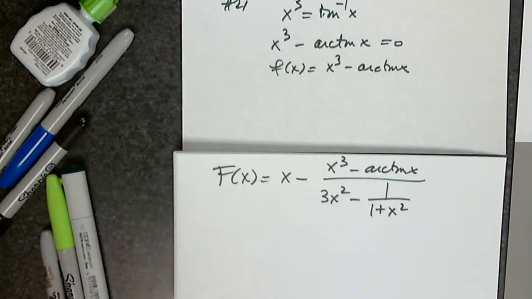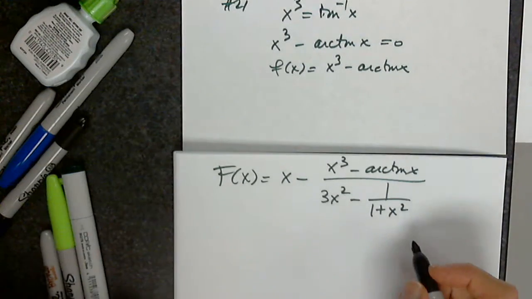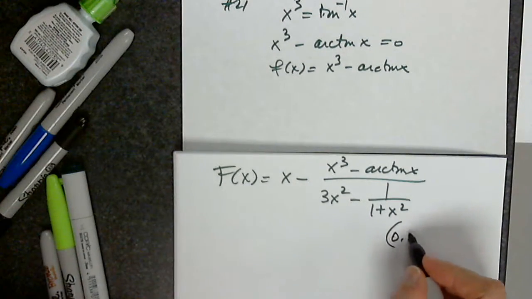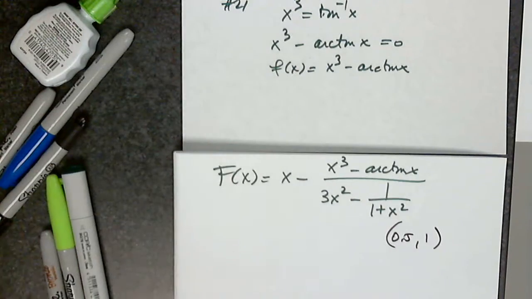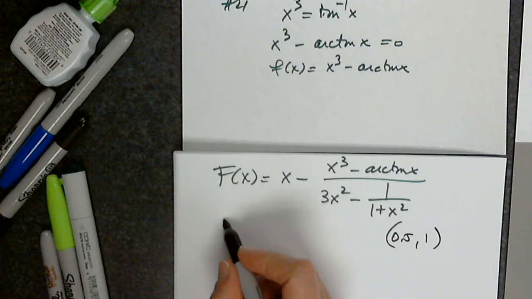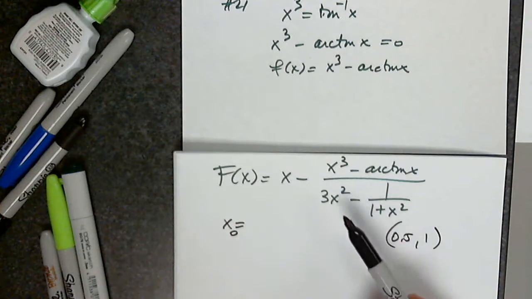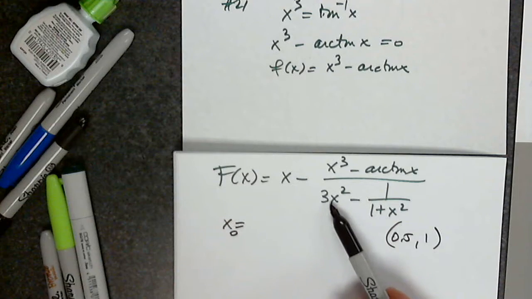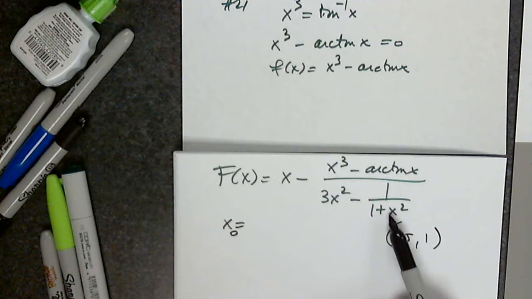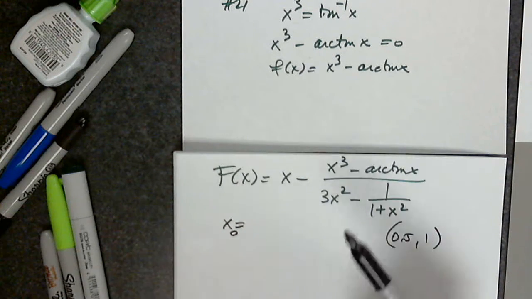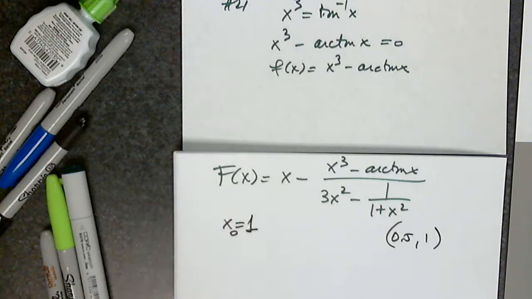Okay, so my interval that I'm using is 0.5 comma 1. There is a solution between 0.5 and 1. And we have to decide which one will be our initial value. I'm checking when I plug in 1, this is 3, and this is negative 1/2. This is not 0. I can start with 1. Okay? Is that clear? Yes?